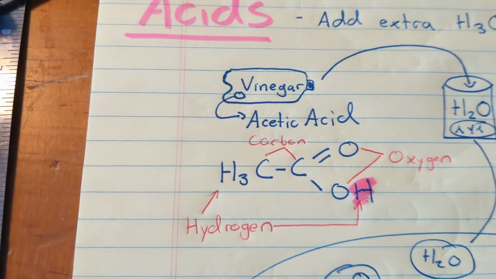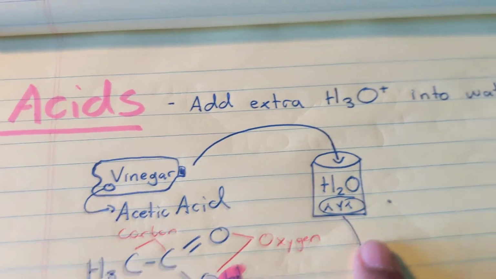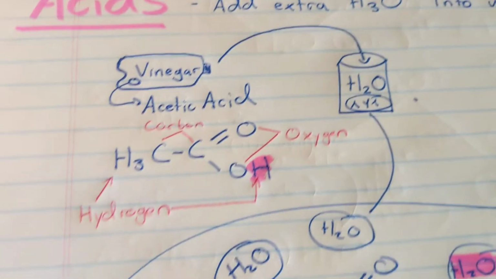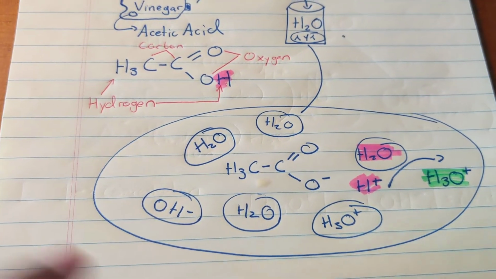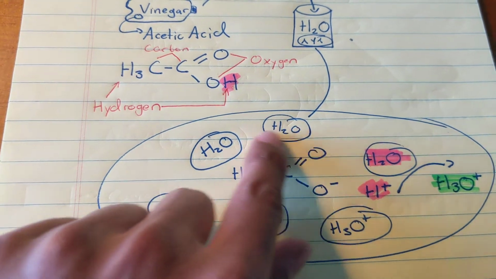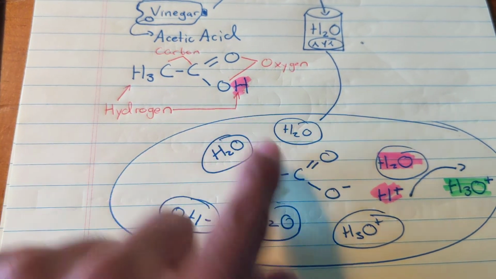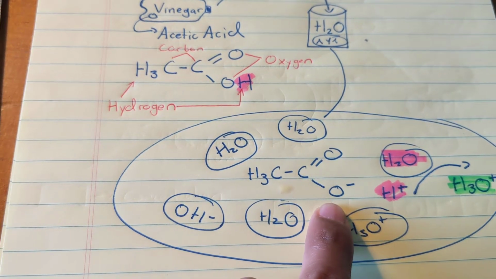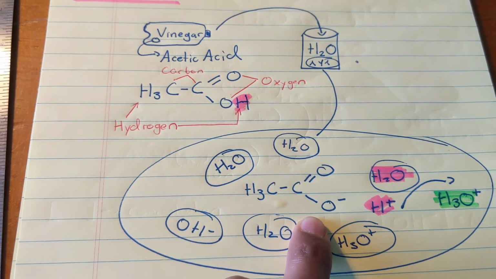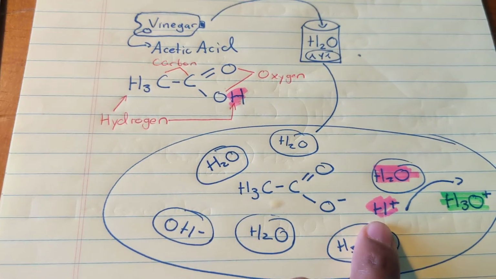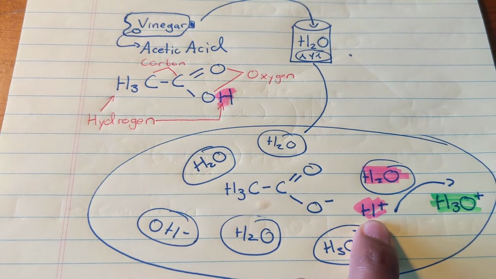So when we add acetic acid into a glass of water, something like this happens. We've got our acetic acid here, but you're going to notice that the hydrogen that was stuck on at the end dissociated, or left the acetic acid molecule, as a hydrogen ion, or an H plus ion.